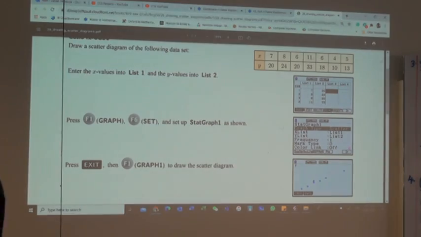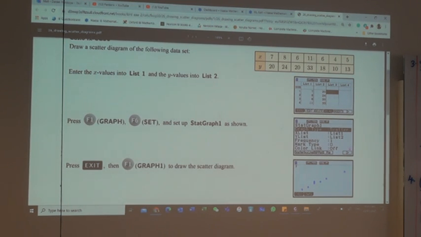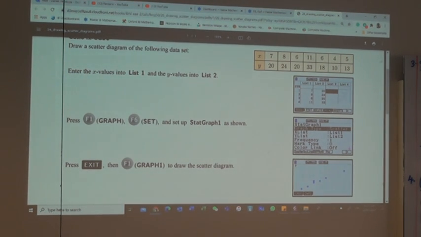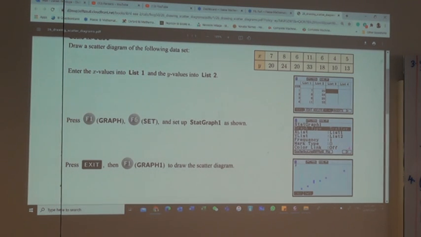If you have done the scatter diagram, raise your hand. I've seen some people, good. If you are done, use the calculator function on the board, plot the scatter diagram, and check with what you have on your paper.